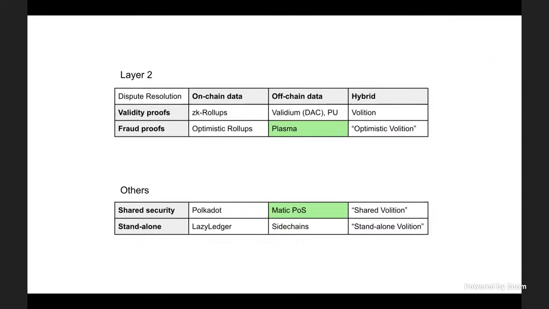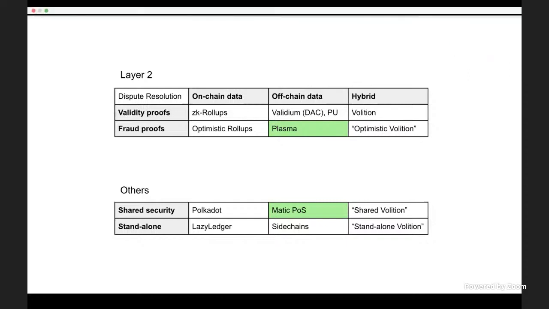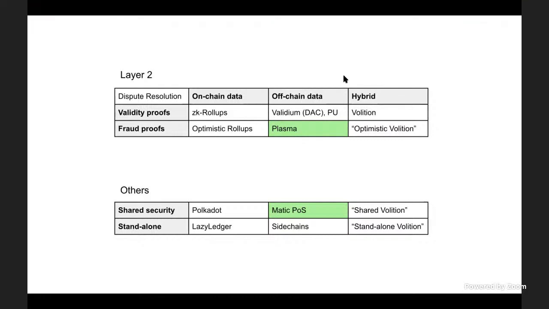Yeah, sure. Maybe just a few quick things to follow up on what you said. So basically this is a 2x2 matrix. And as Sandeep already said, we either have validity proofs or fraud proofs. Validity proofs are proofs that prove the validity of a whole batch of transactions.